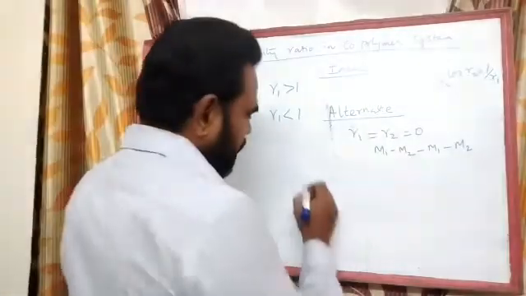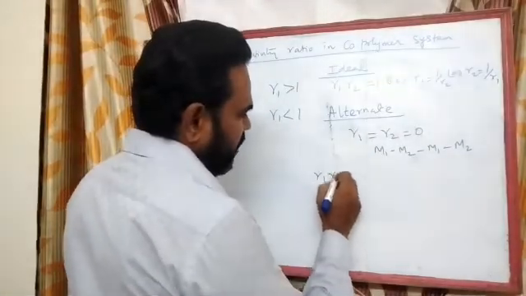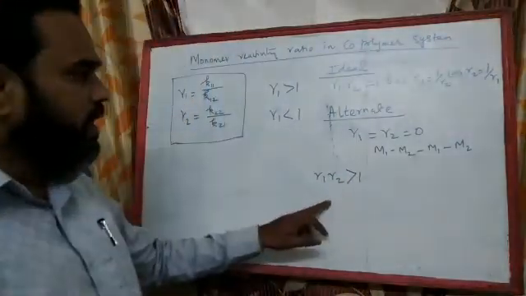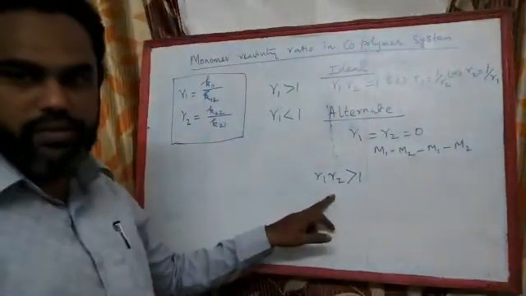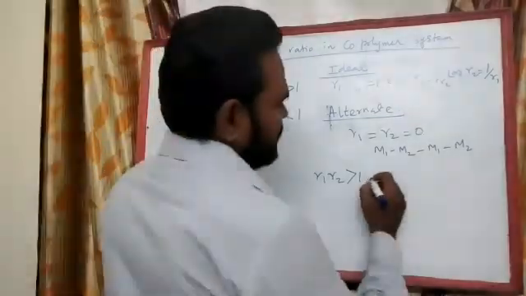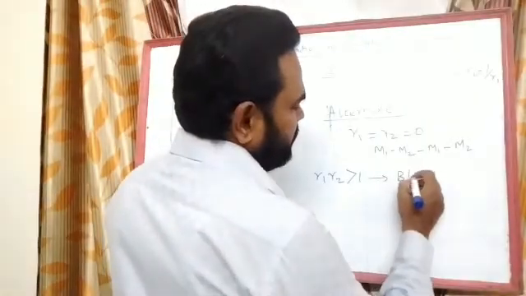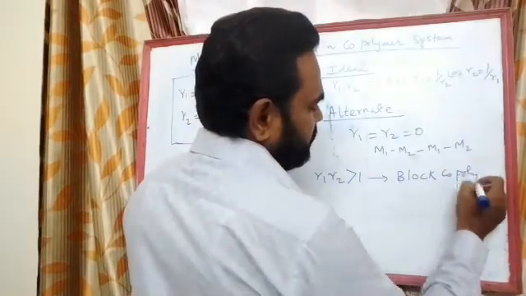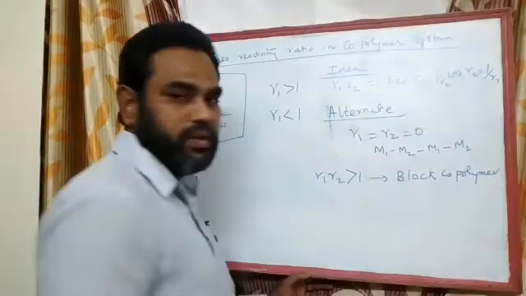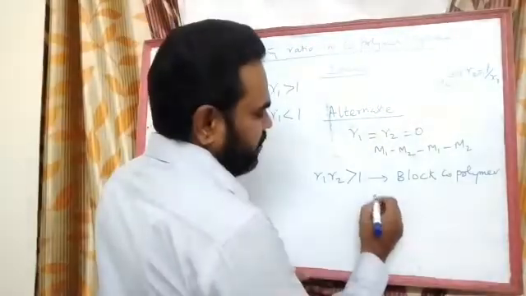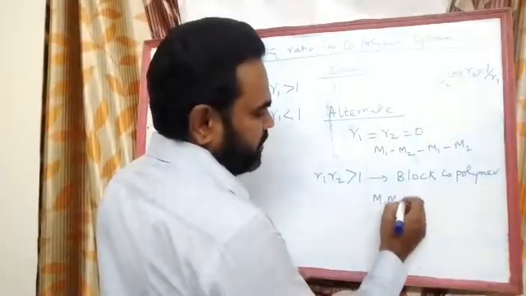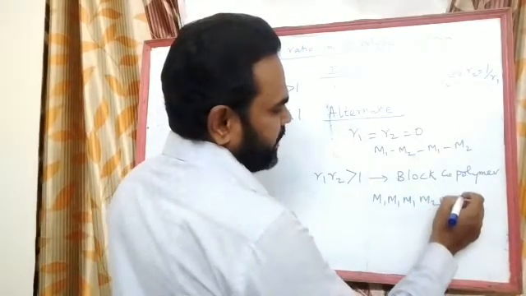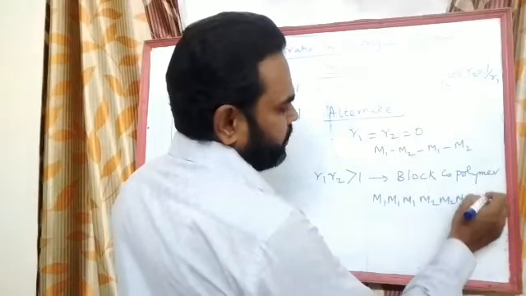So if R1 and R2 are greater than 1, then the system will be a block copolymer. In this case, you will have a sequence of the first monomer, then a sequence of the second monomer, followed by the first monomer.